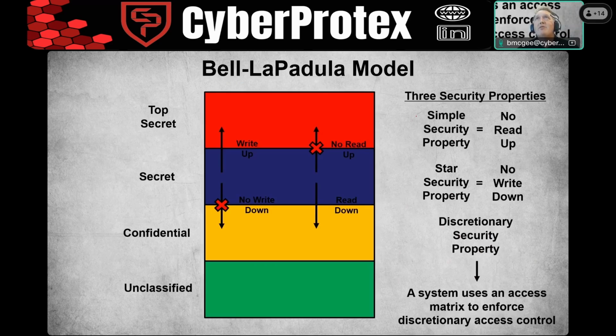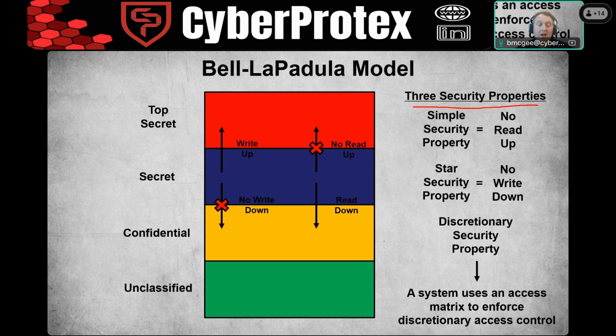In the Bell-LaPadula there are three different properties. There is the simple security property, where the subject cannot read data within an object that resides at a higher security level, which basically means no read up, which you see in the top right of the screen.